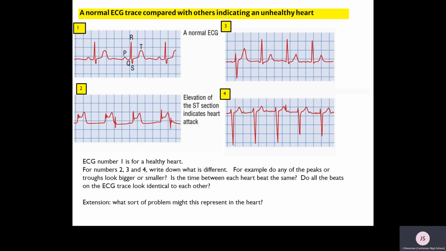Remember, the P wave represents impulses travelling from the sinoatrial node to the atrioventricular node. It's when the atria are contracting. So when you haven't got a P wave, it means the atria aren't contracting and relaxing properly. And in atrial fibrillation, you get almost like a spasm of the atria.